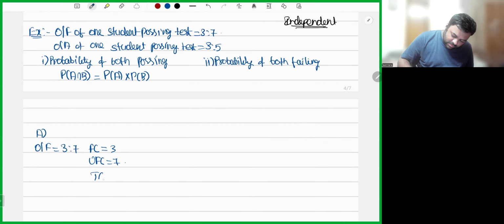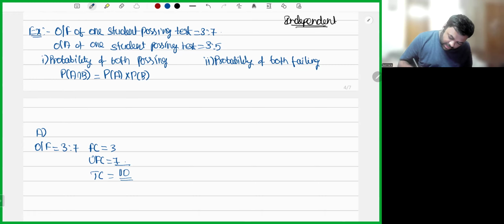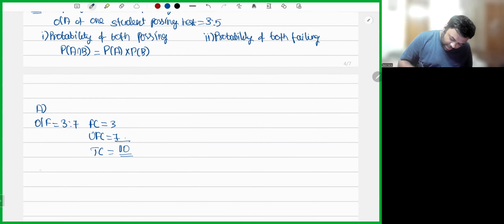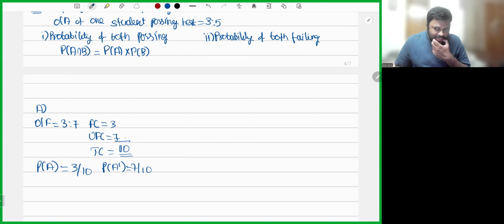So what are the total cases, my dear friends? Total cases are 10. So can I say probability of A passing is 3/10, and probability of A failing is 7/10.